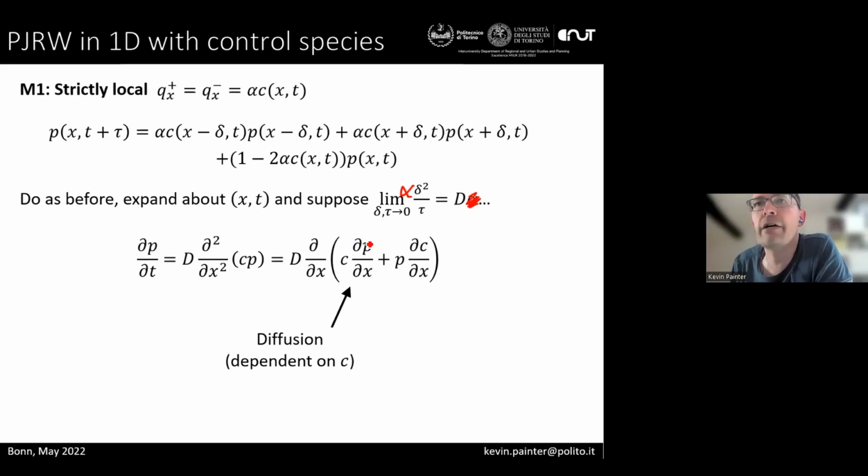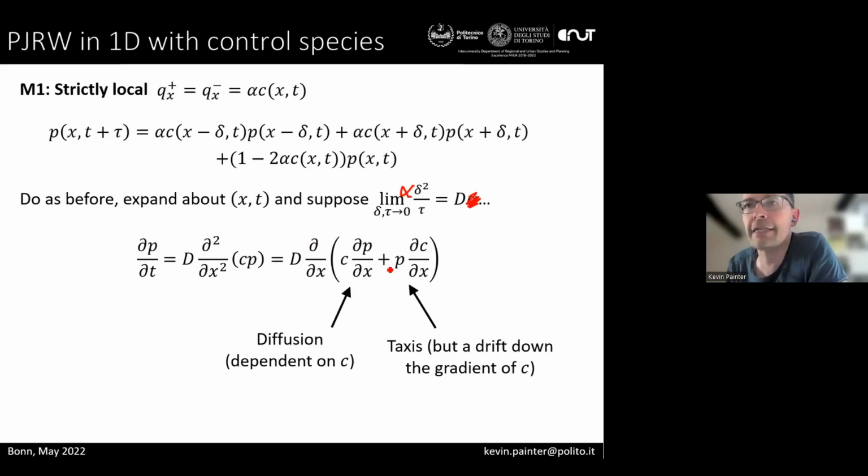One of these terms is a diffusion type term, but it depends on the size of C. And this other term is describing a taxis type term, but in this case, we've got a plus there, and that's describing a drift down the gradient of C. In other words, that's the first hint of being able to derive a taxis type equation. Okay, but apart from that, it's essentially the same calculations.